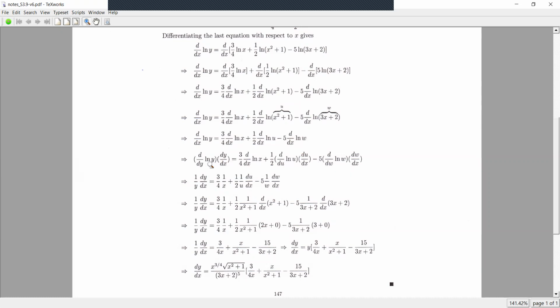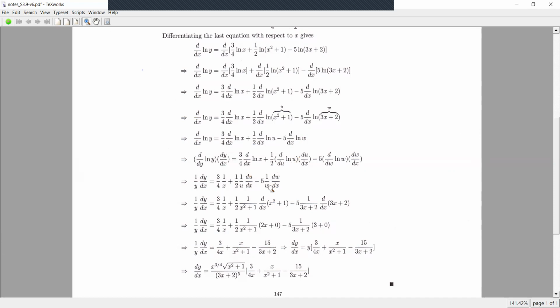Now, the derivative of the natural log of y with respect to y is 1 over y. The derivative of the natural log of x with respect to x is 1 over x. And this is 1 over u, 1 over u. This is 1 over w, 1 over w.